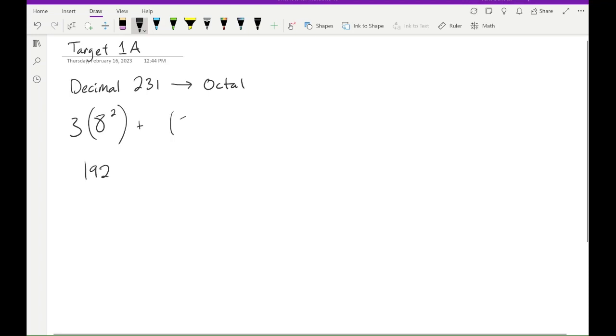I'm going to go plus 8 to the power of 1, which is just 8. And for that we have 39 left from 192 out of 231. So we'll grab 4 of those for 32.